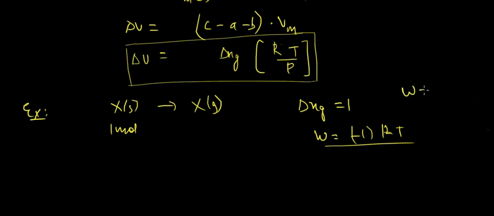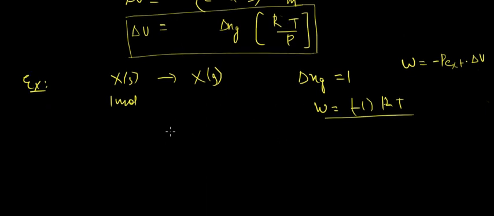Why is this the case? Because we can say that W equals minus P external delta V, and delta V can be written as delta Ng RT upon P. P and P get cancelled, so we can write W would be equal to minus delta Ng RT. Delta Ng would be positive 1 in this case, because the number of moles of gaseous products minus the number of moles of gaseous reactants, or stoichiometric coefficients, would be 1 minus 0.